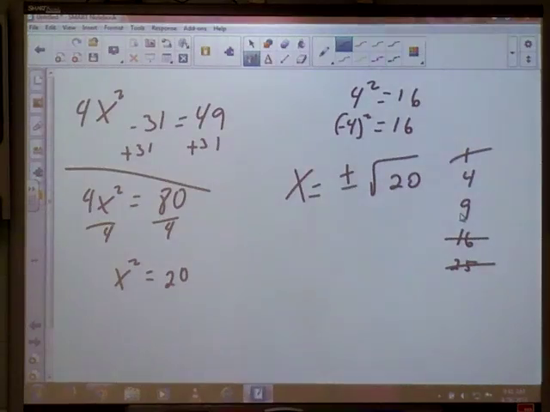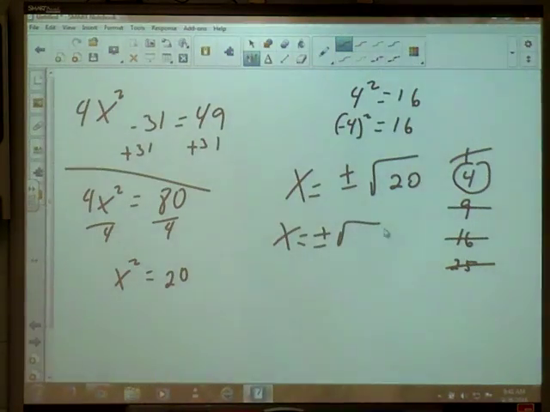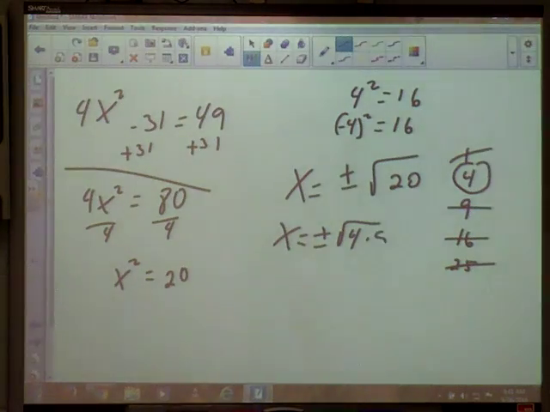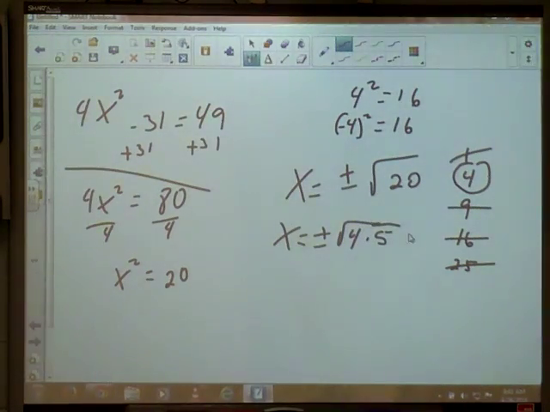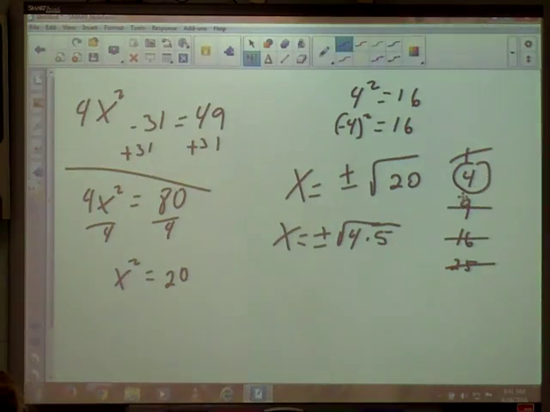No. Will 9 go into 20 evenly? No. Will 4? Yes. So I'm going to rewrite this as whatever 4 times what makes 20? 5. So that's still the same thing. 4 times 5 is 20, so I haven't done anything stupid. I just rewrote it. Reason I did that, I had to find a perfect square.